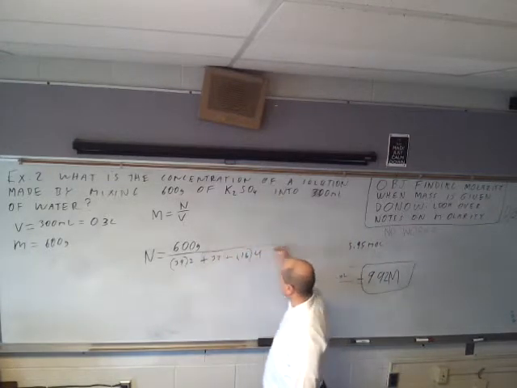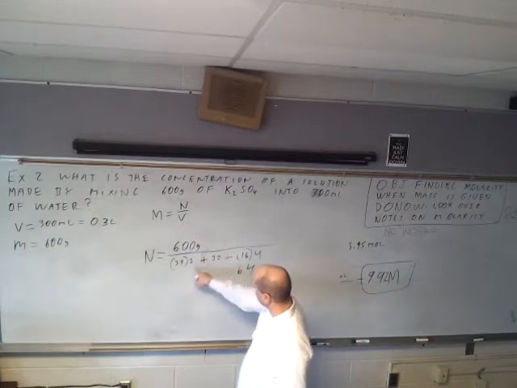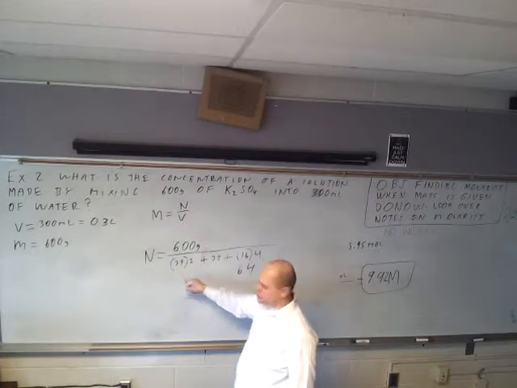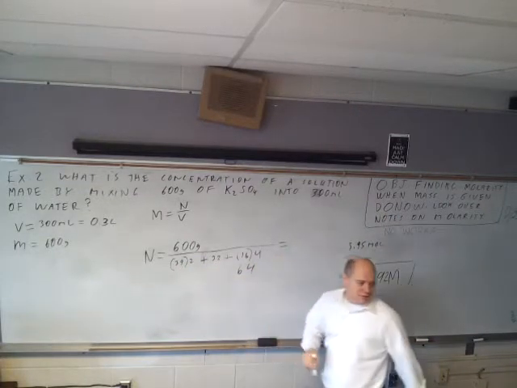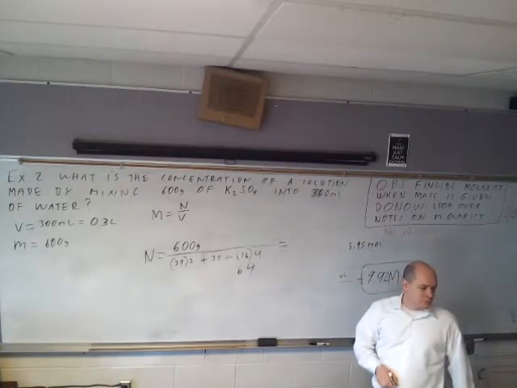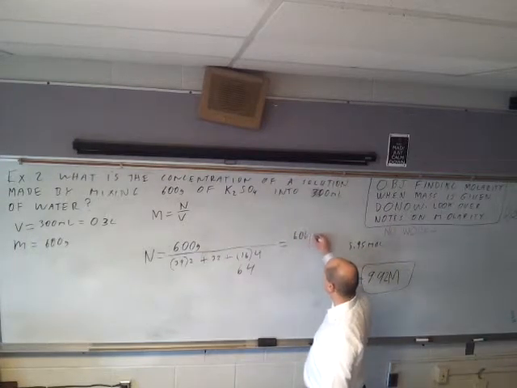So that's 64. 64 and 32 is 96, and 78 is 174. Yeah, 174 grams per mole.